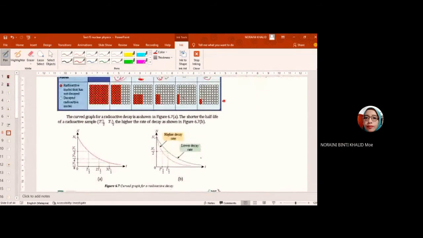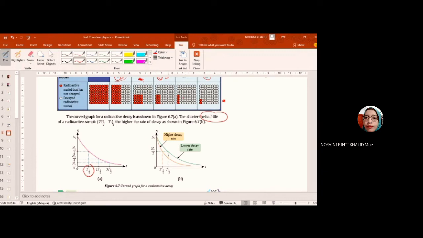From the decay curve, the shorter the half-life of the radioactive sample, the higher the rate of decay. If you look here, this one has a longer half-life. This is the graph, the decay curve. You can determine from here where N0 becomes N0/2, so you can just read the value of T here. This is the half-life.